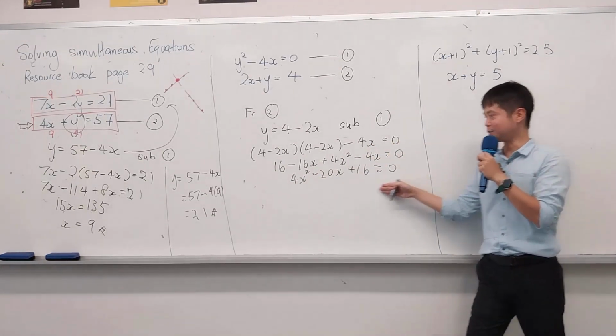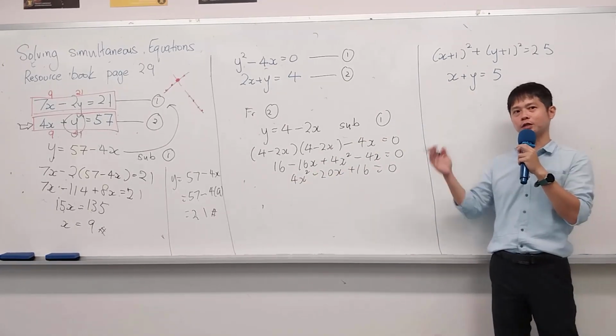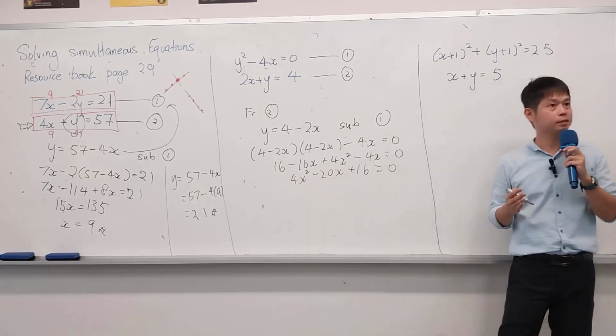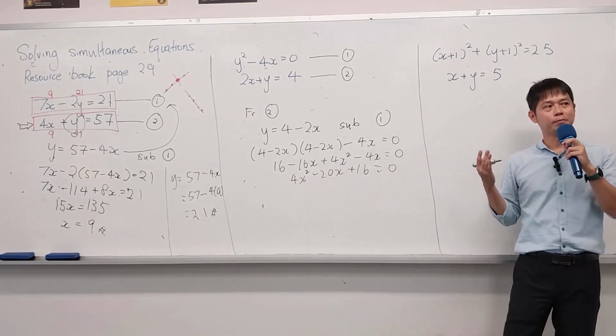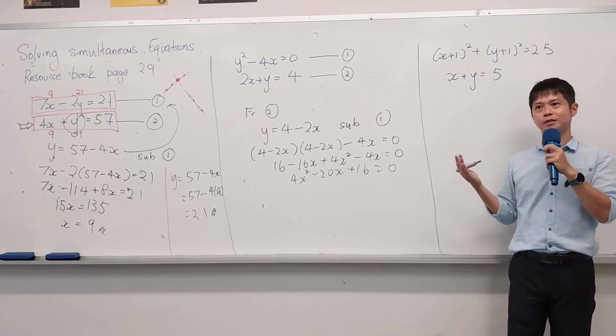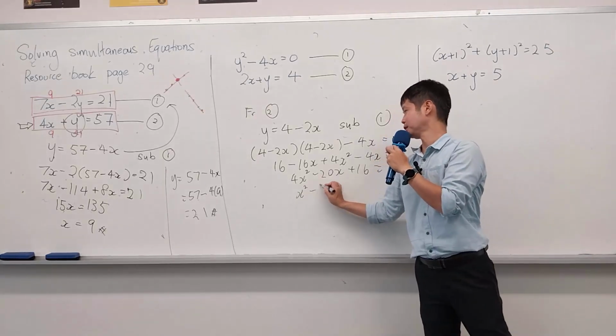Pause here. Look at these three terms. What do you realize, or what have you spotted? All these three numbers are multiples of 4. So what will we do now? Divide everything by 4.